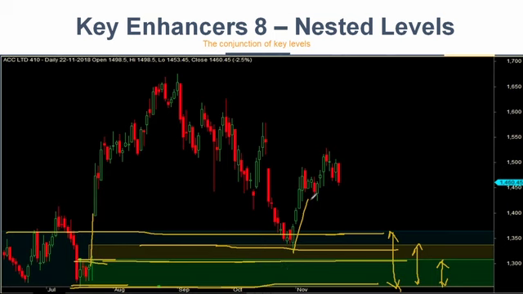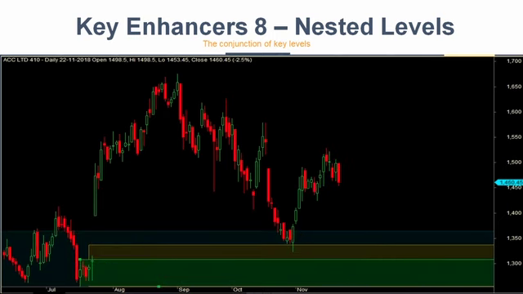Price has already reacted here, and now next, if price comes here, I am looking forward to the trade. So nested zones are very good zones, and trading at nested zones we will get the backing of everyone. It's like a family. The father, grandfather, and grandchild, all sitting in the family and making a joint decision that we will do something together. That's when you have the blessings of your father and grandfather.